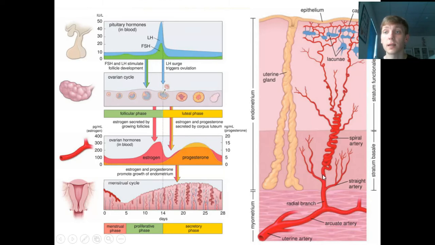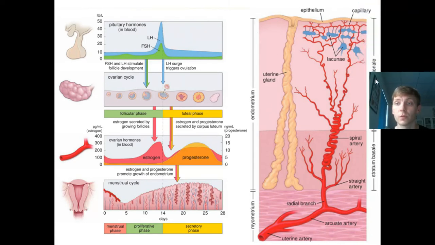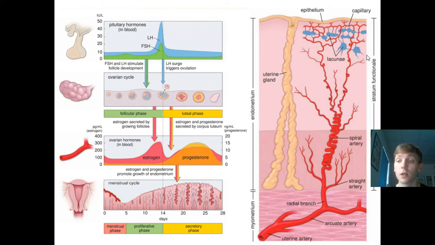They collapsed, and there is no supply to the capillary network of the endometrium, especially the functional zone of the endometrium. And of course, it leads to shedding of this layer.